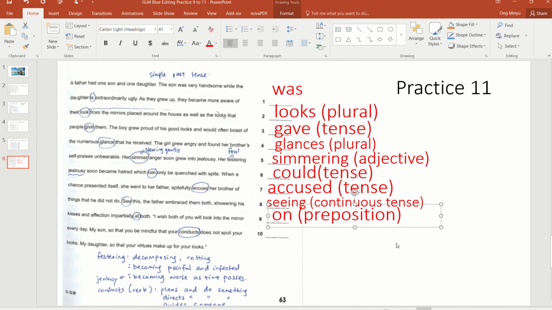Behavior, is it countable or uncountable? It should be uncountable. So, as an uncountable noun, does it have a plural form? No, it does not have a plural form. So it should be conduct without the S.